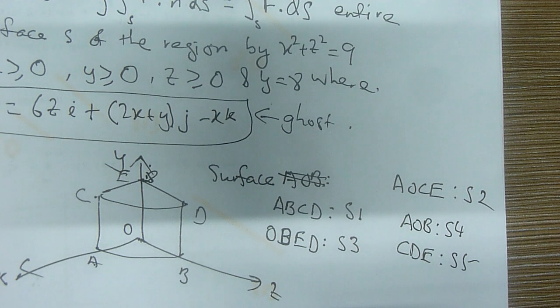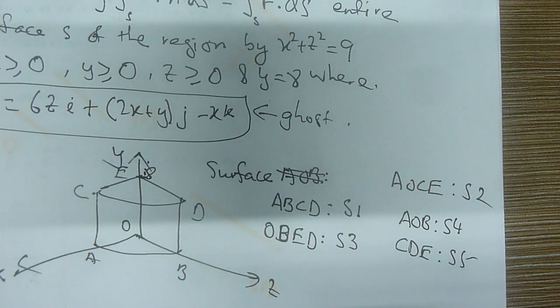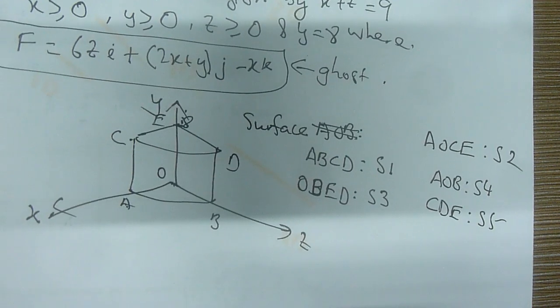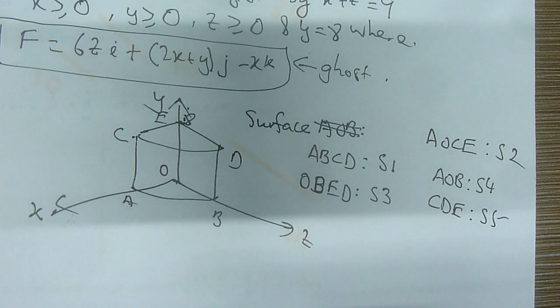Now we're going to calculate step by step the logic of the surface integral, how the surface integral really works. Why are we doing this? I didn't explain these portions fully, but let me give you an idea.